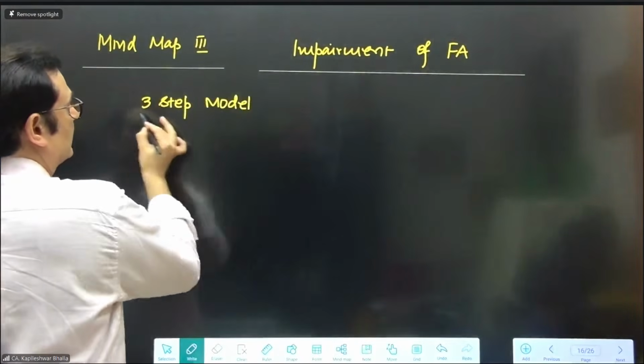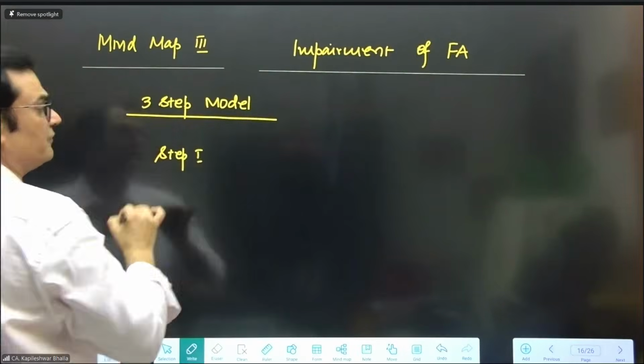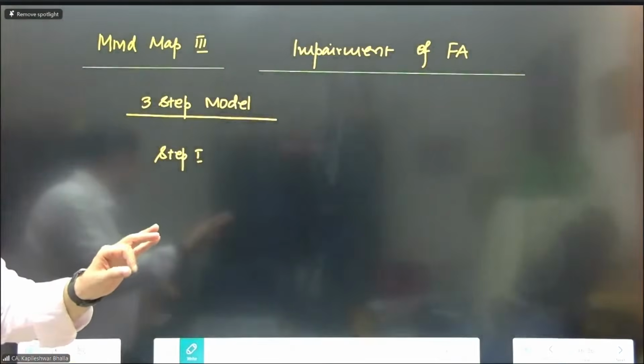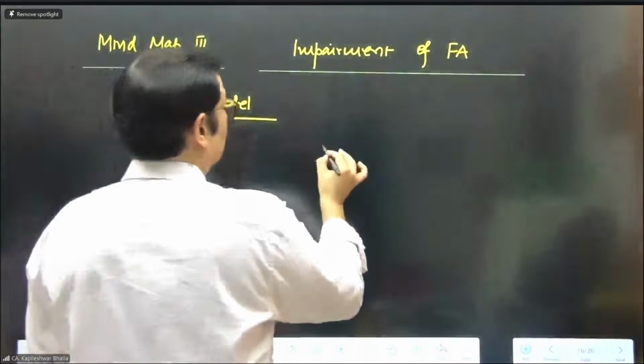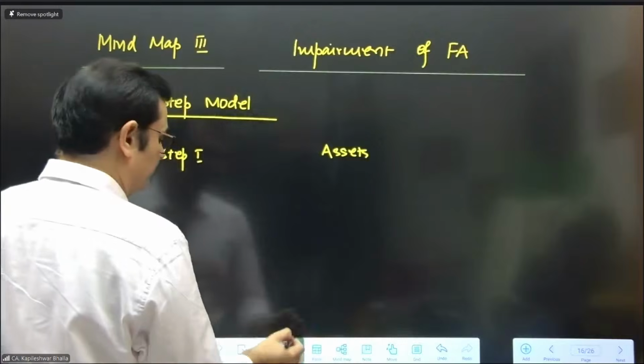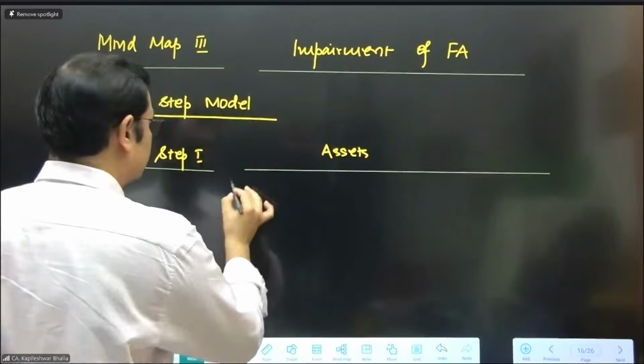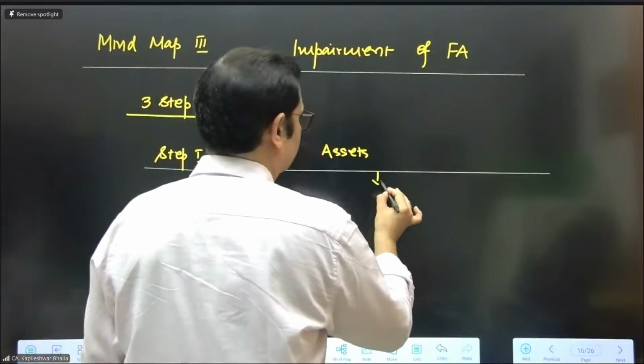So in the very first step, what you need to do is look at the nature of the assets. So we'll divide this in terms of 3 portions. We can say all the assets from the impairment perspective can be segregated in terms of 3 broad categories.